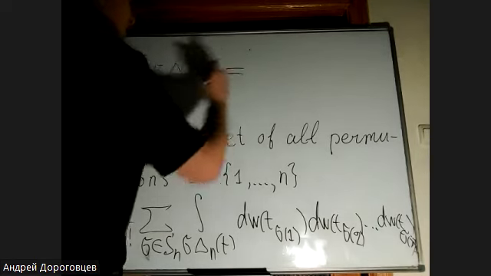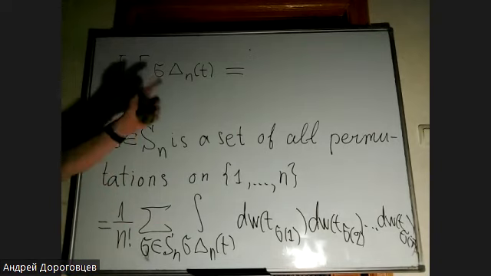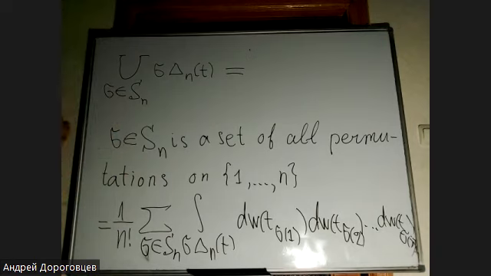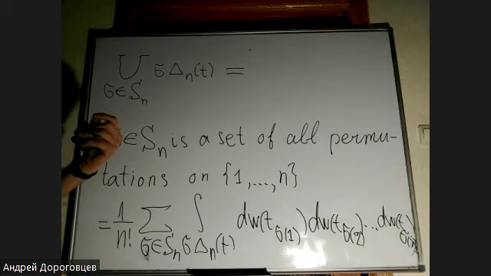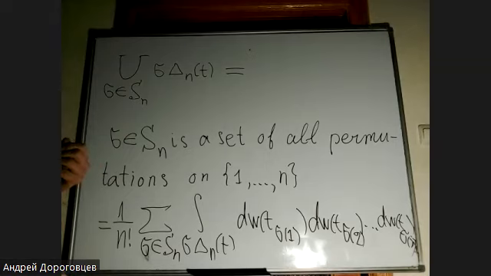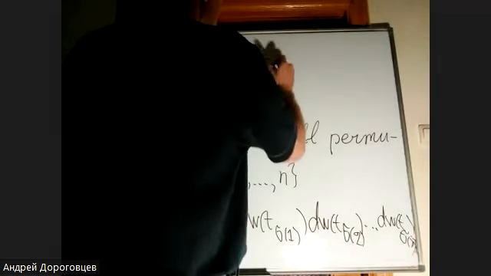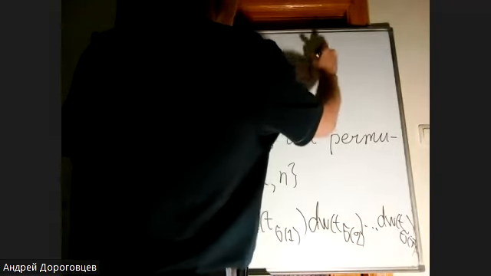Then what will we get? You see, here we have a special ordering between coordinates. And of course, if I take an arbitrary set of numbers, each of which belongs to the interval 0 to t, then I can order these numbers in some order related to some permutation. So it's easy to understand that this is equal to this one.